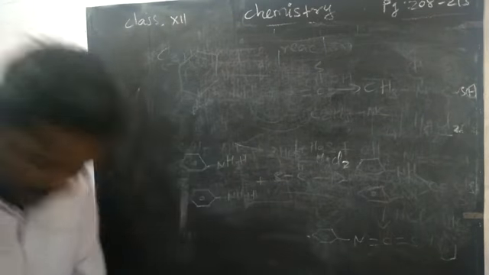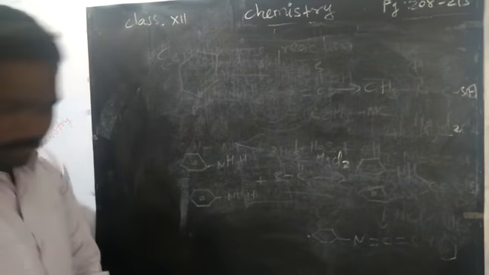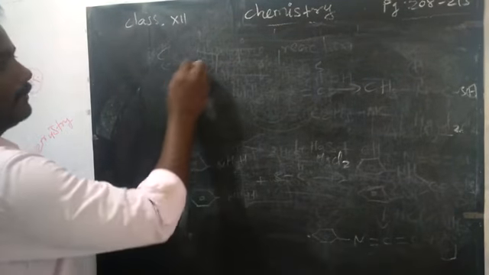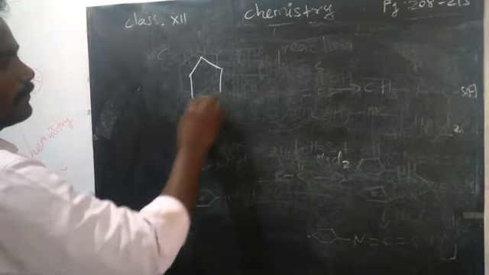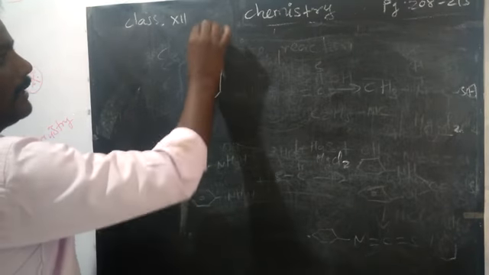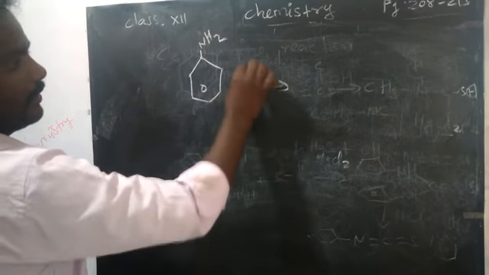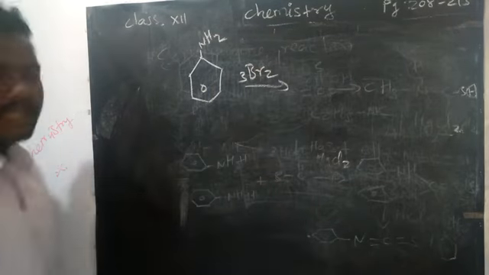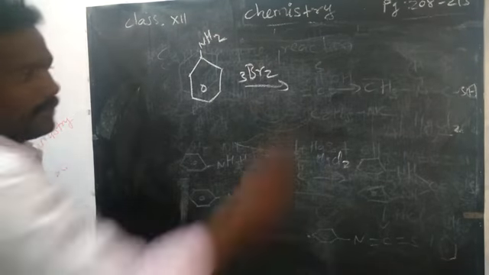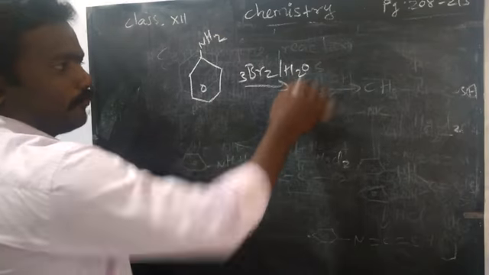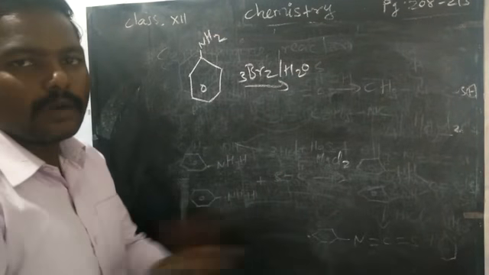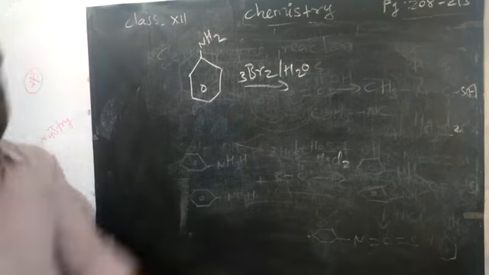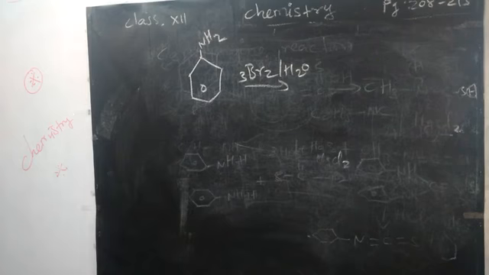So the first reaction, bromination. Bromination of aniline. Aniline is treated with bromine. Here we have to take 3 moles of bromine, bromine water. That means bromine dissolved in the water. Okay. At the same time, you can take another reagent, bromine with acetic acid.